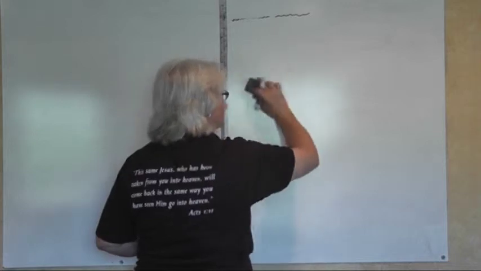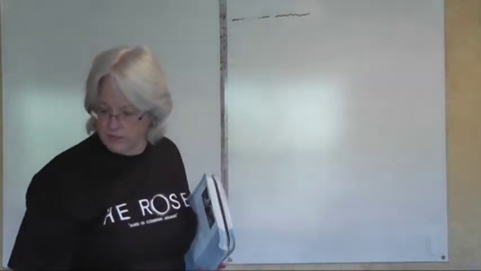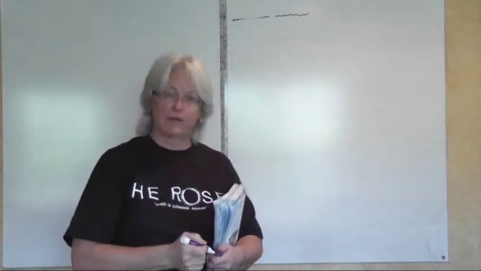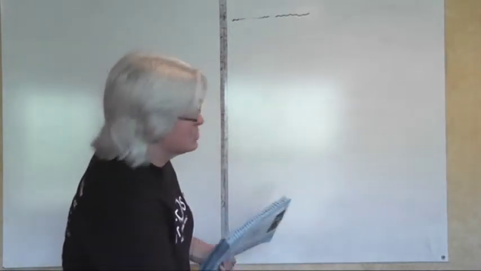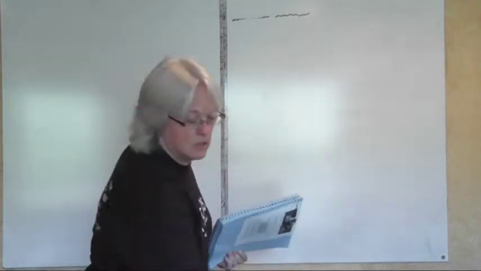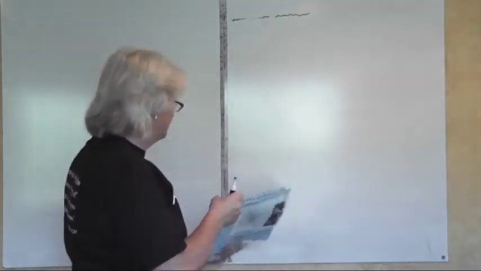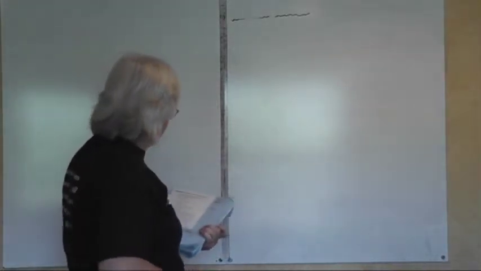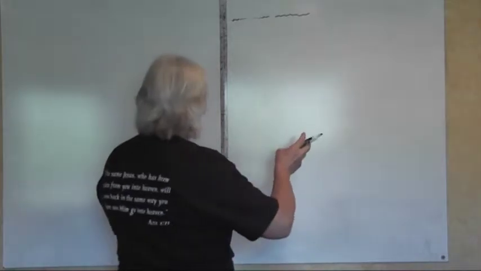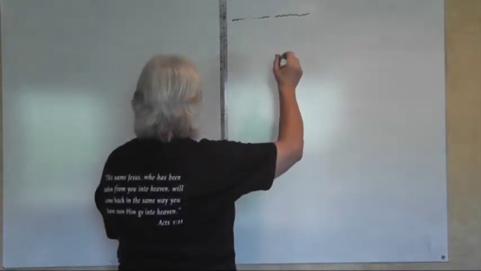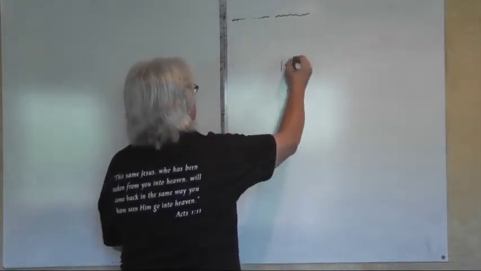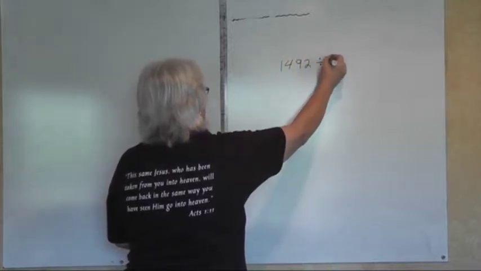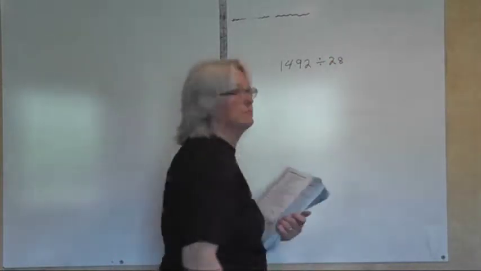Estimating quotients is a little bit different. It's a little bit more awkward, maybe not so intuitive, but it can be valuable. Let me show you what goes on here. Let's go ahead and estimate this, 1,492 divided by 28.